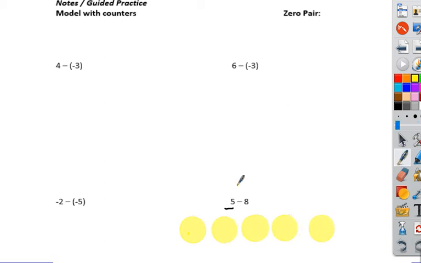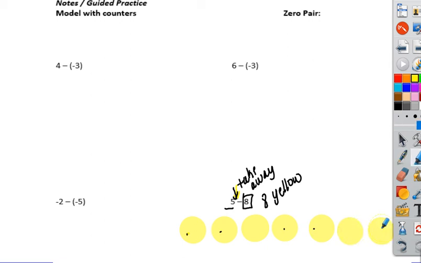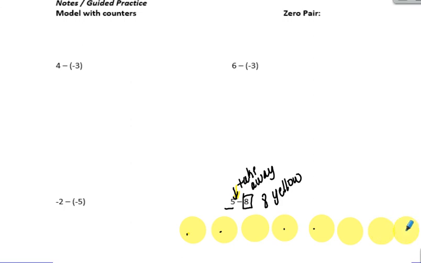My question is, can I take away 8 yellow? Right now I have 1, 2, 3, 4, 5 yellow. I need to be able to take away 8. So I need to add in 0 pairs. I'm going to add in 1, 2, 3.